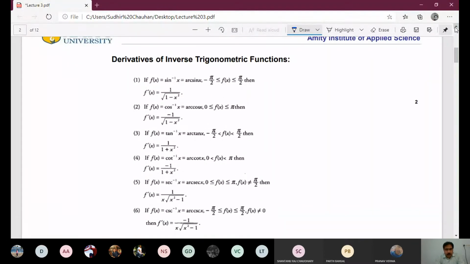So today first we'll discuss derivative of inverse trigonometrical functions, and then we'll do some questions on successive differentiation. So let us revise some formulas.